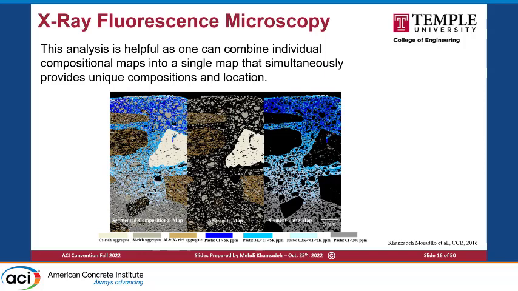What you can do is combine these different maps and provide a compositional map, as you are seeing here. We can separate the aggregate from the paste, and over the paste depth, you can see the concentration of the chloride or any other ions you are looking at.